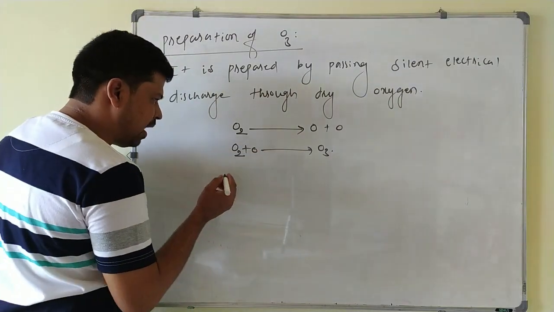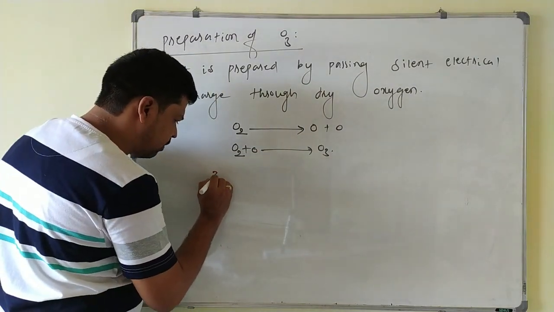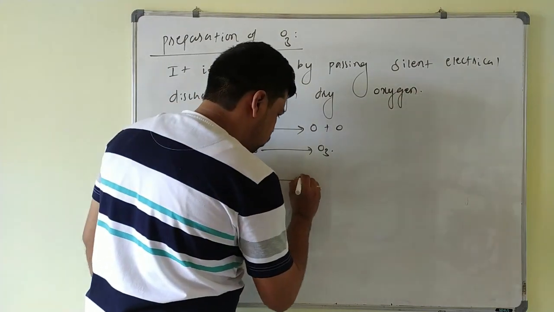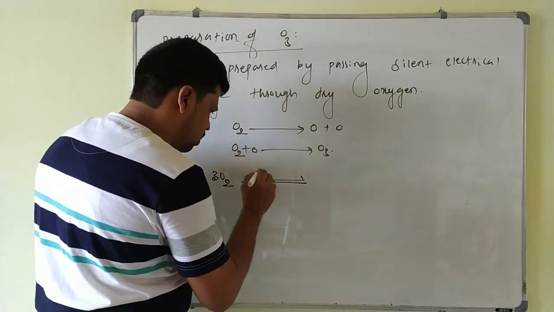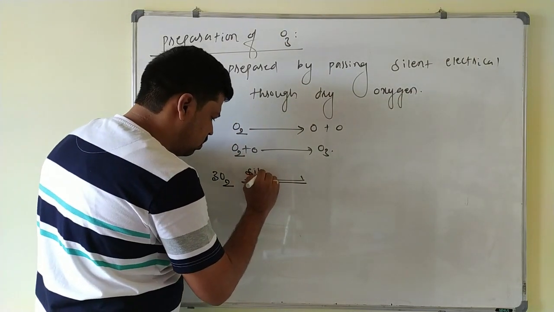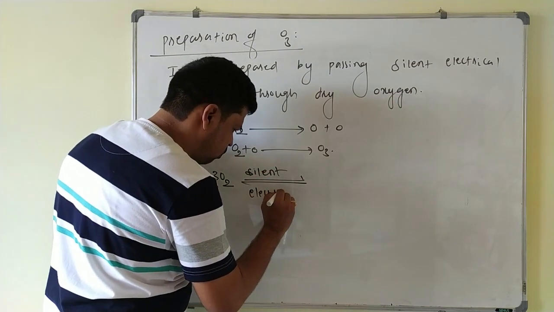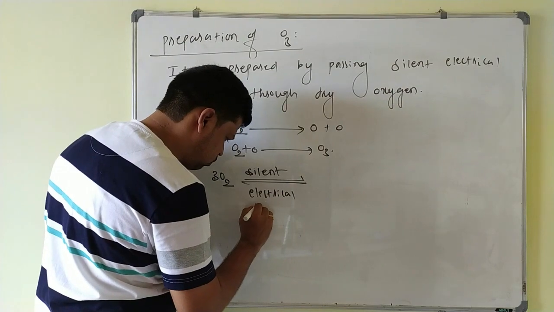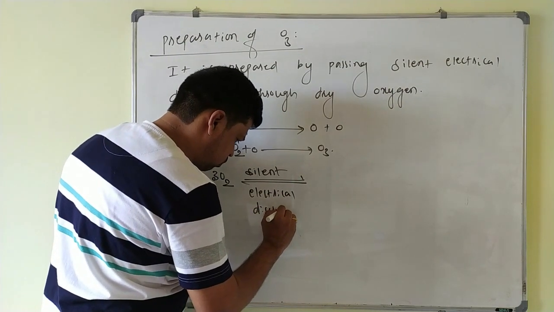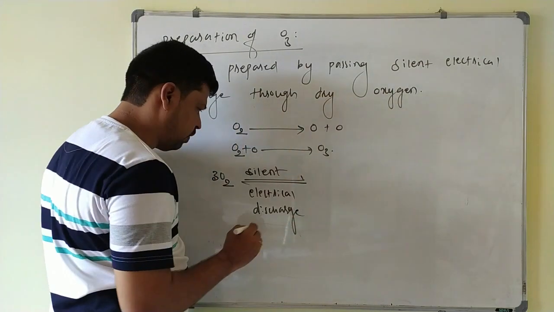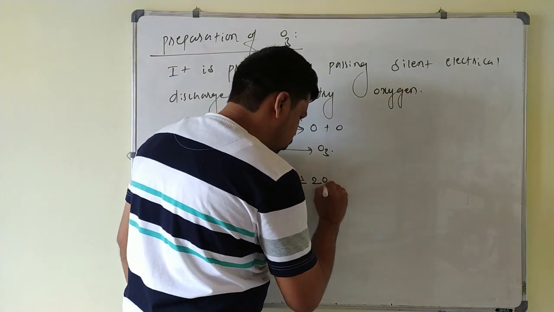The balanced equation we can write like this: 3 O2, on passing through silent electrical discharge, gives 2 O3.